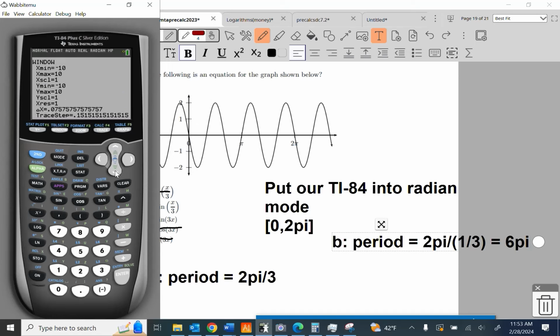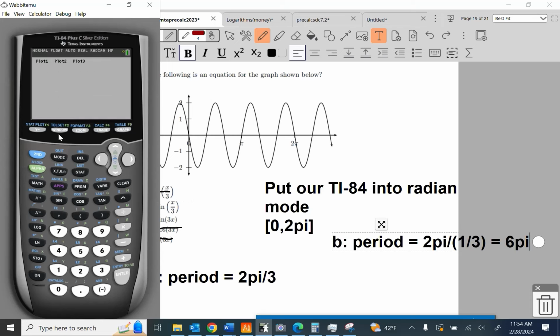And we're going to go from 0 to 2 pi. I'm going to type in 2 pi. And then I'm going to hit the graph key. See, that was choice B, not B.